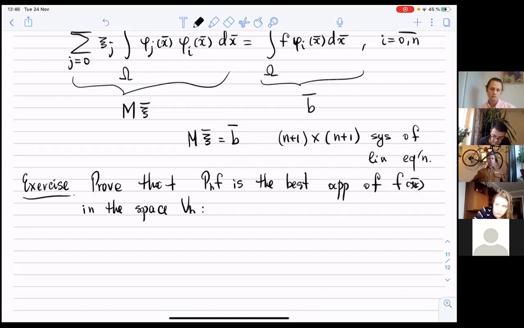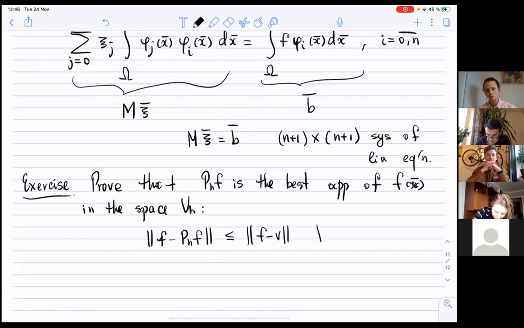So in other words, F minus PHF in the L2 norm, so I don't write the subscript, if it is the L2 norm, is less or equal to F minus V for any V from this finite element space.